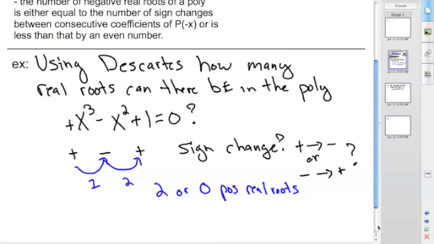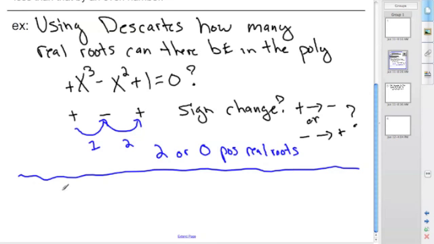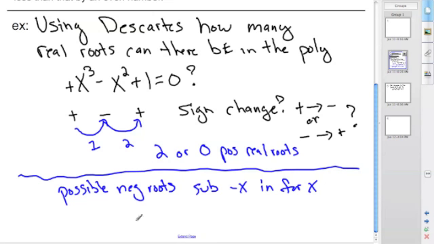Now we have to check out the negative. So for possible negative roots, you have to substitute negative x in for x. So instead of positive x, it's going to be negative x to the third minus negative x squared plus 1 equals 0.